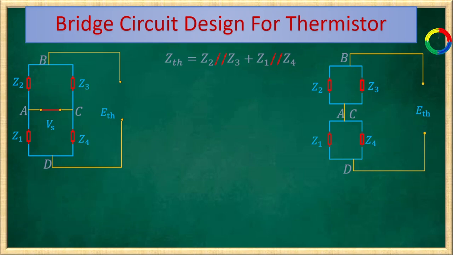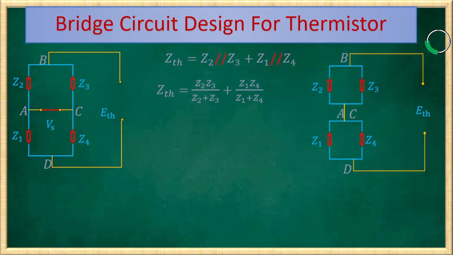Those two circuits, the above and the lower, are again connected in series. Now ZTH equals Z2 times Z3/(Z2 + Z3) plus Z1 times Z4/(Z1 + Z4). This is the Thevenin's impedance.